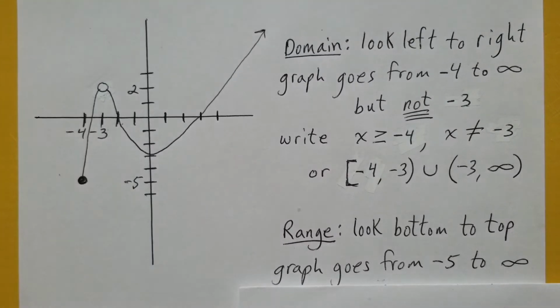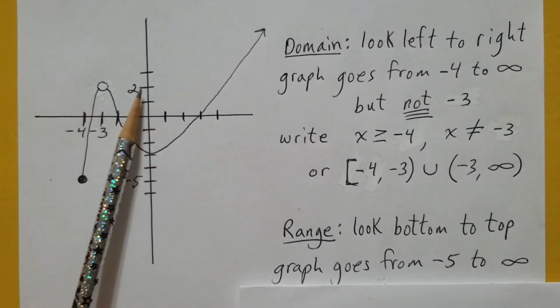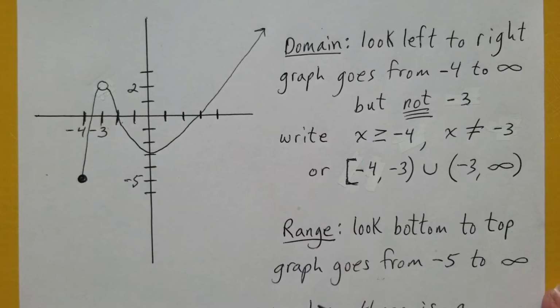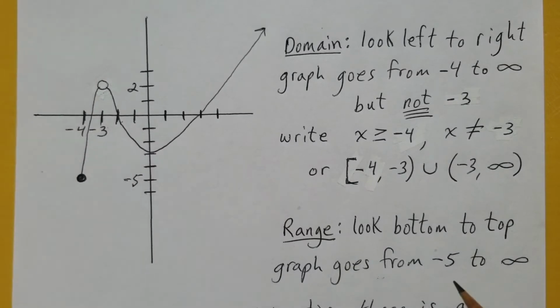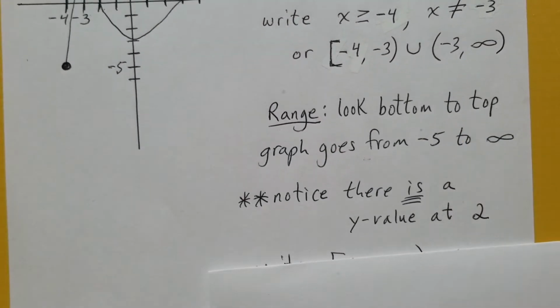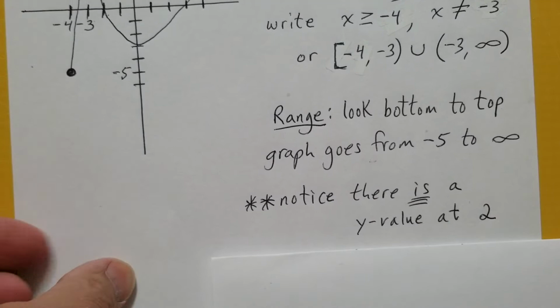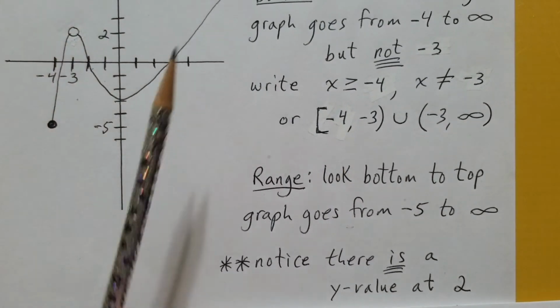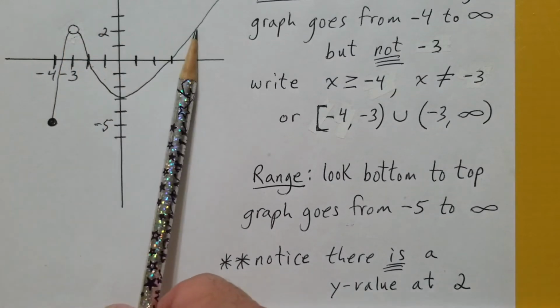Now, some of you might be thinking, oh yeah, except for y equals 2, there's nothing there. Yes, there is. There is a y value at 2. Let me pull it up. Look closely. Now you're looking on the left here, but there is something here.